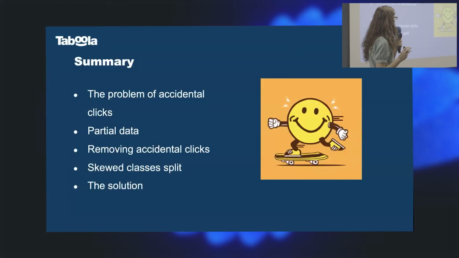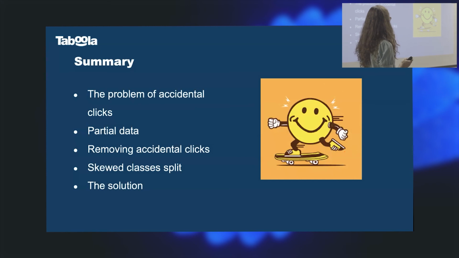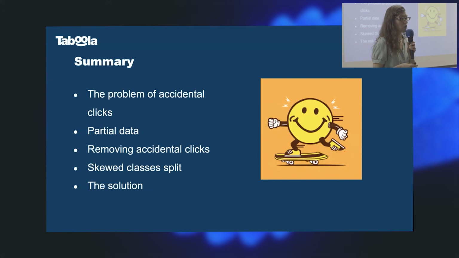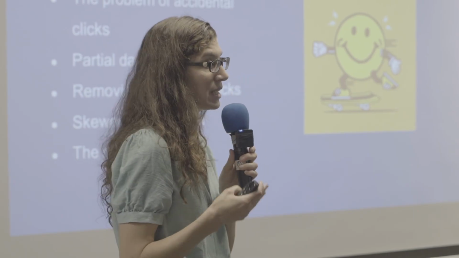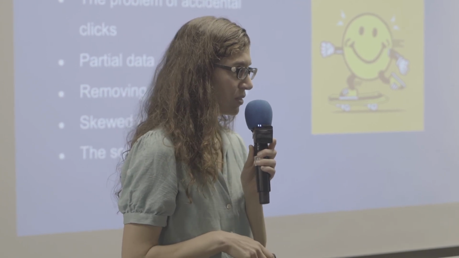Summary: we have a problem of accidental clicks, and in order to solve it, we removed those accidental clicks from the dataset of the CTR model. However, because we have partial data about the accidental clicks that we get only from part of our advertisers, it creates a skewed data set which kills the scale for the advertisers that share this data with us.